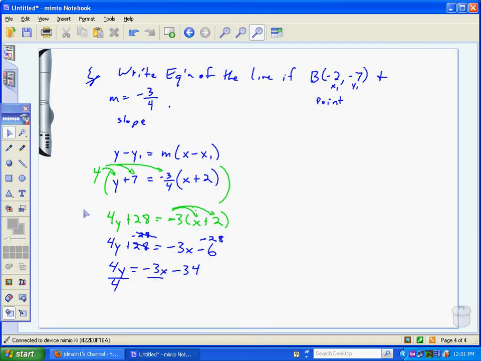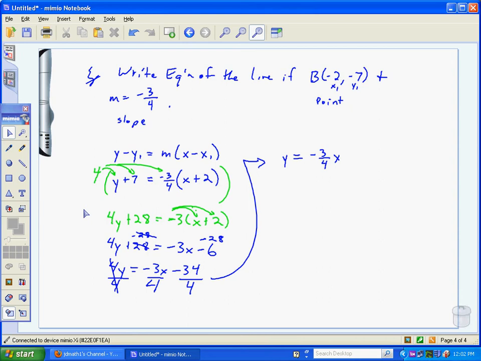So it comes out of here, like so. So now, when I do this, 4 canceled there, so I'm left with y equals -3/4 x. And hey, that should be, because in the question it even tells us our slope is -3/4. Now the -34/4, I'm going to say just reduce the fractions you get there.